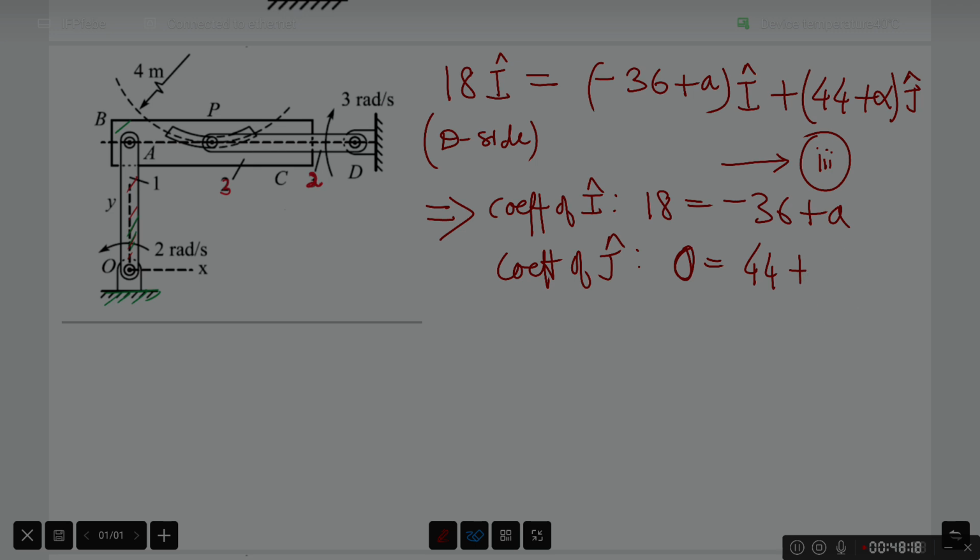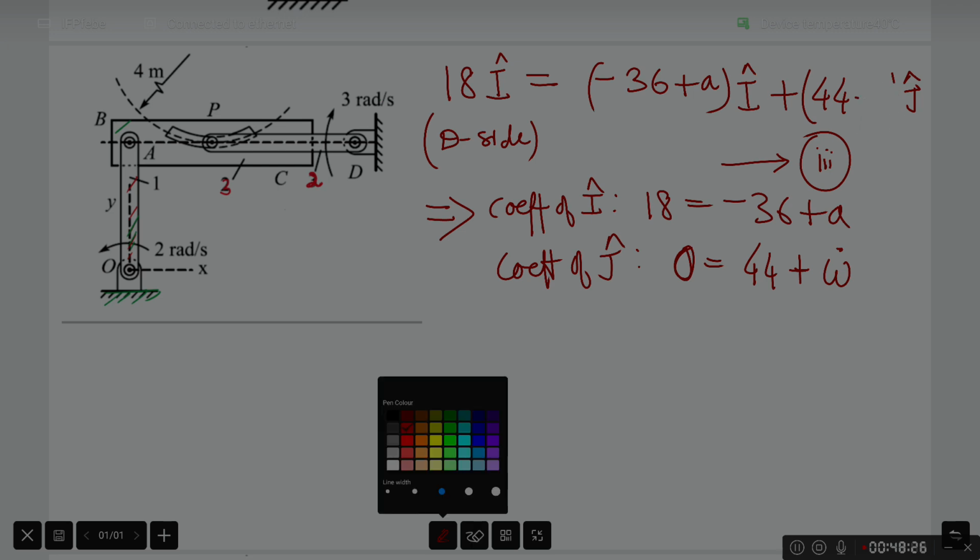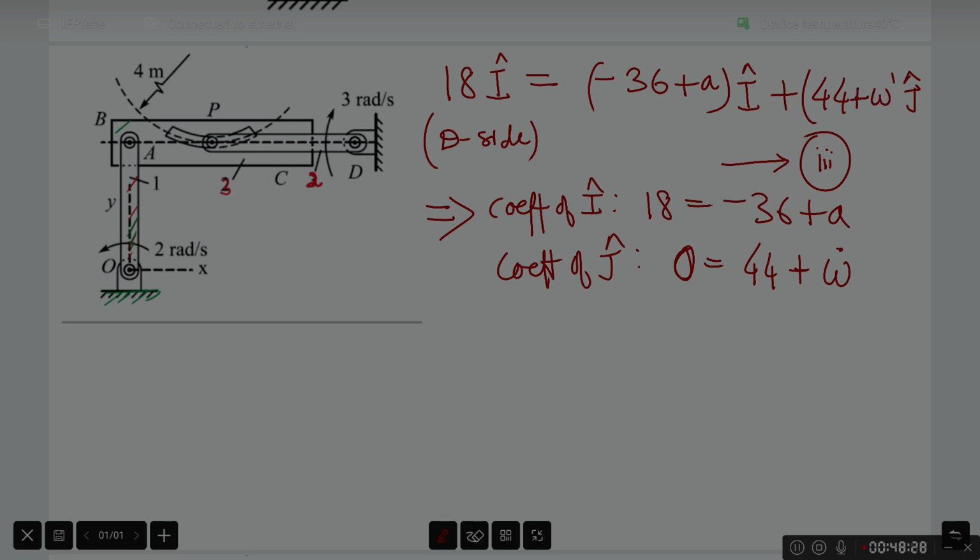I have introduced a new unknown. That unknown should be omega dot actually. I was earlier using alpha to solve this problem. But these are the two unknowns, omega dot here and A here. So A is here, you get one equation for that, you have omega dot here, you get another equation for that. You go ahead and solve.